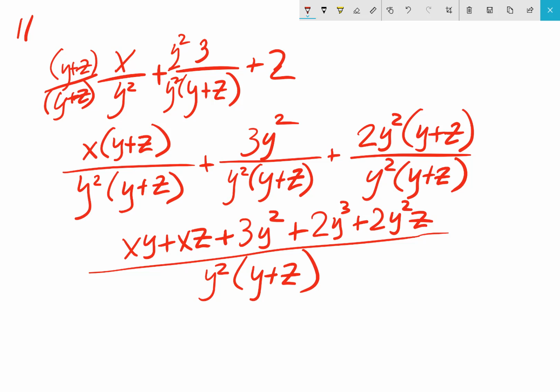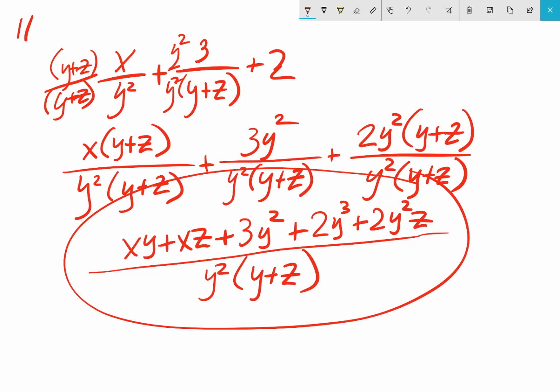This one has y squared, none of the others has that exact thing. This one has y cubed, just y cubed by itself. And then the last one has y squared z, just that. So none of these are like terms. This is the final answer. You can't do anything else with it.